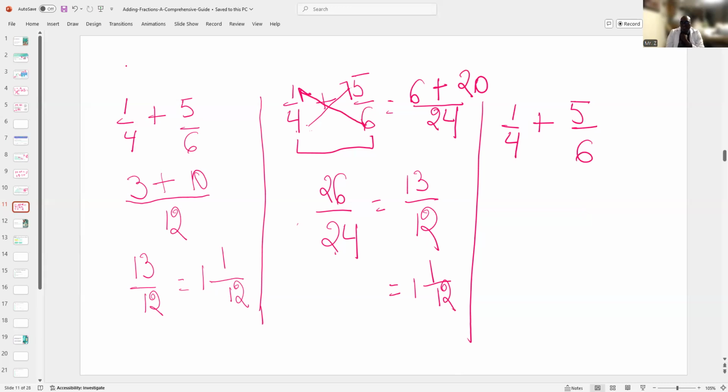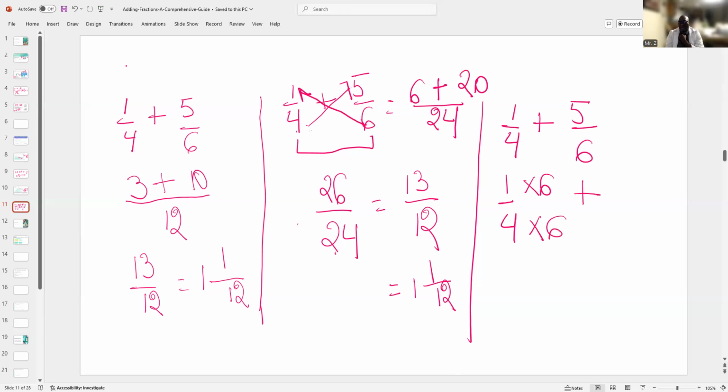The other way is to get the first fraction and multiply it by the denominator of the second fraction, which is 6. I multiply the top number by 6 and the bottom number by 6 as well. I put my plus sign.